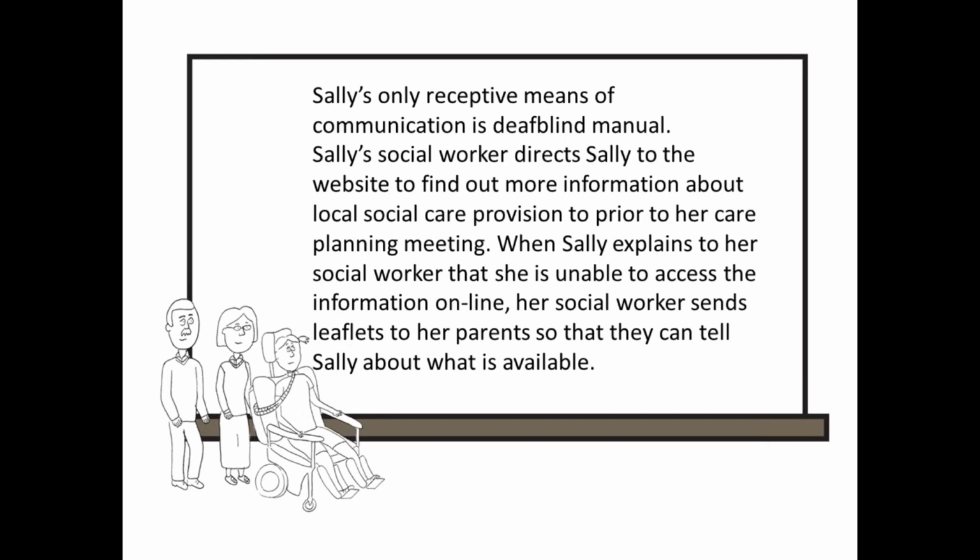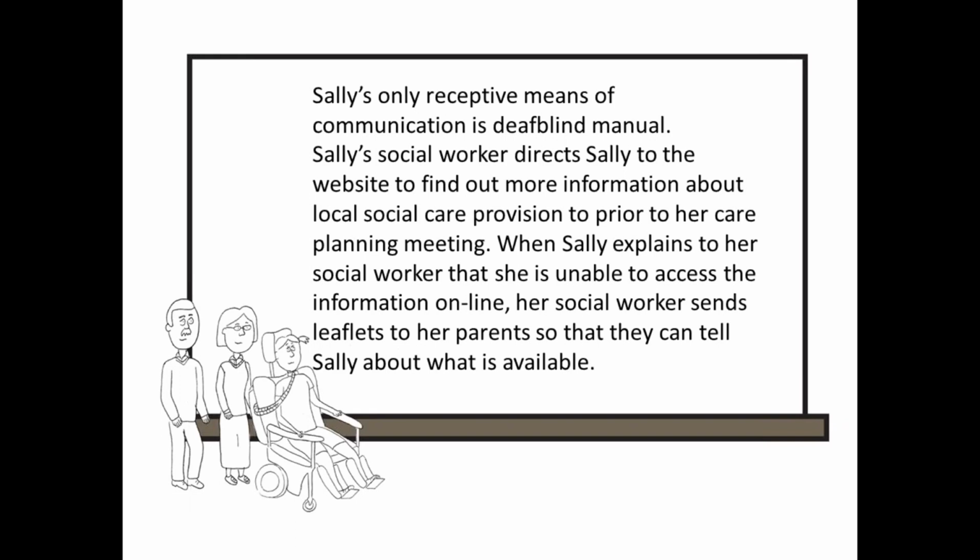When Sally explains to her social worker that she's unable to access the information online, her social worker sends leaflets to her parents so they can tell Sally about what is available. If Sally wants to be able to access that herself, that is not good enough. The social worker would have to arrange for a face-to-face meeting with a deafblind manual interpreter to provide the information in deafblind manual so that Sally receives the information herself.